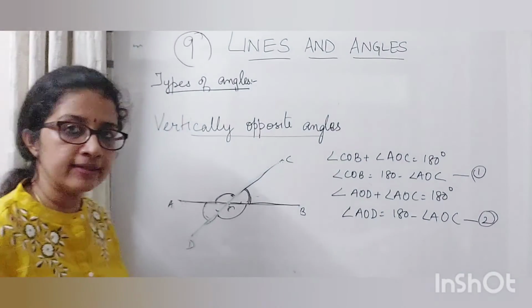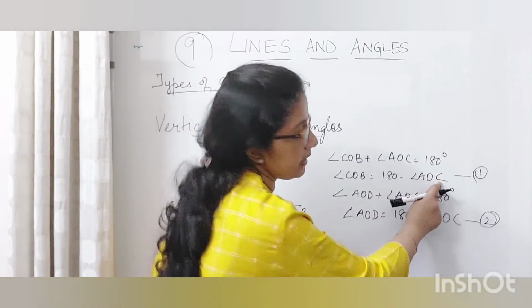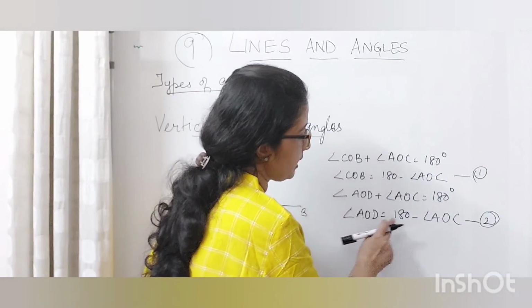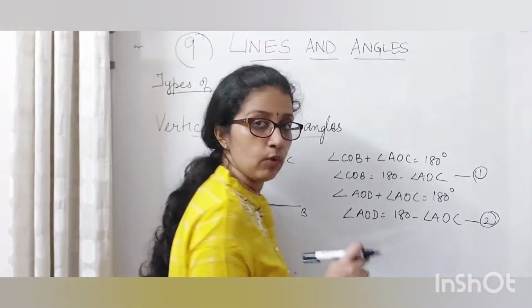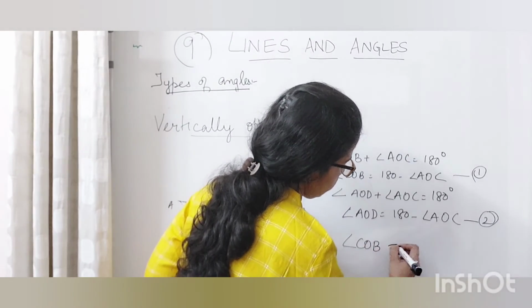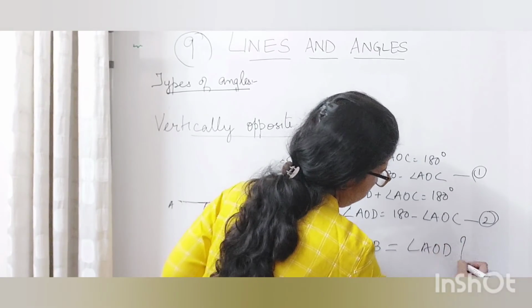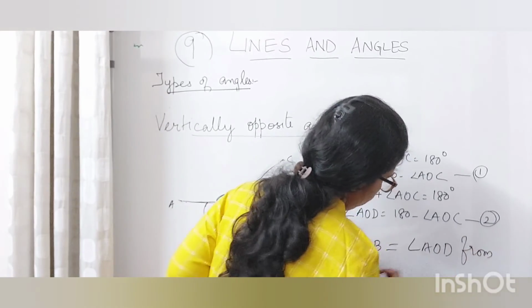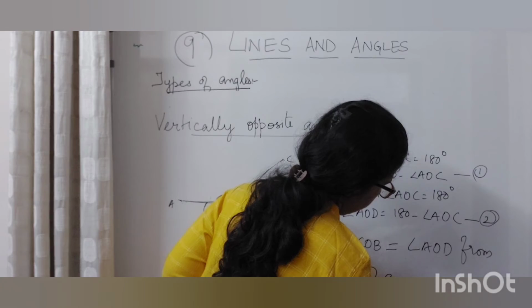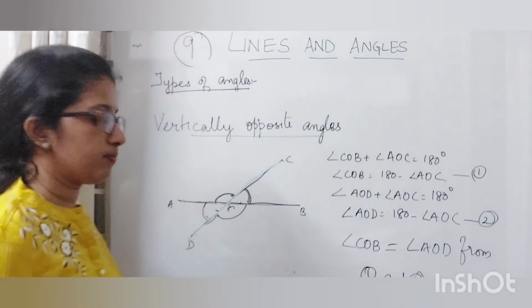Now compare the two equations. Angle COB is equal to 180 minus angle AOC. Angle AOD is equal to 180 minus angle AOC. What does that mean? Angle COB is equal to angle AOD, from equation number 1 and 2. Correct?